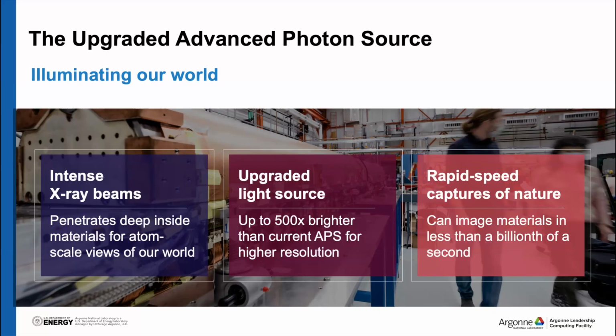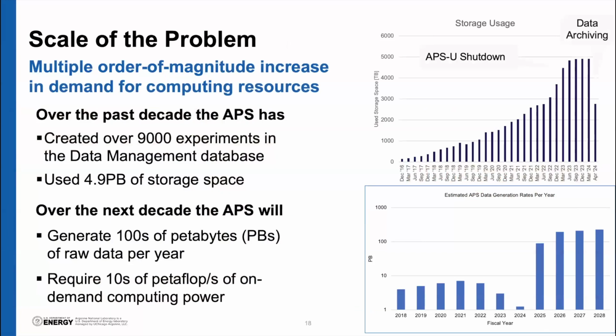And if we have faster data and faster imaging, that means we have to deal with faster data rates. So next slide, please. So this is actually a very large problem in terms of the amount and the rate at which the Advanced Photon Source is producing data.